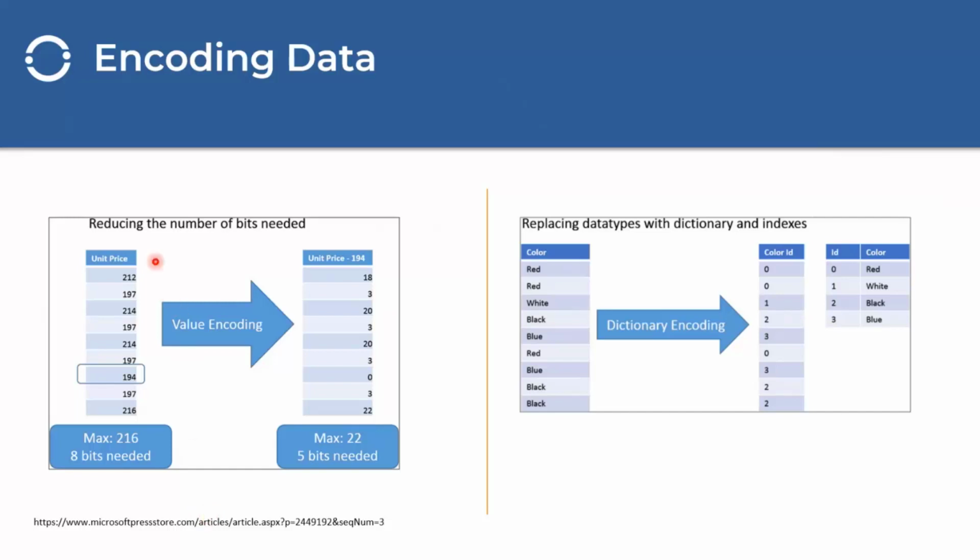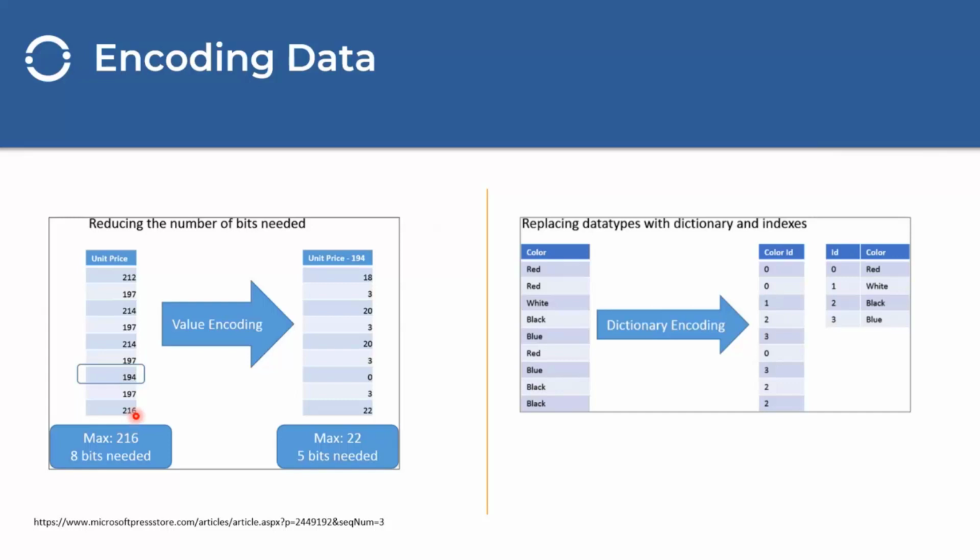What happens is on the left-hand side here, if we had our unit price, you can see the largest value in here is this 216. In order to store the number 216, we would need 8 bits to store that value. But we can reduce that because there's not too much of breadth of data. The span of data goes from 194 to 216.